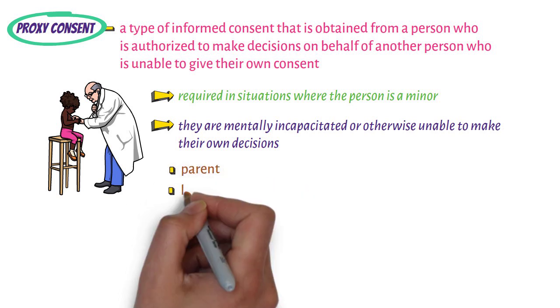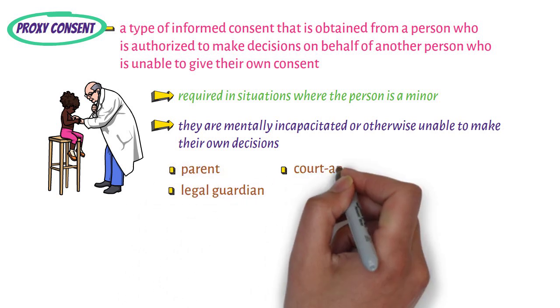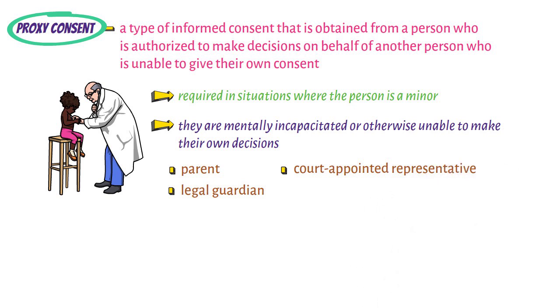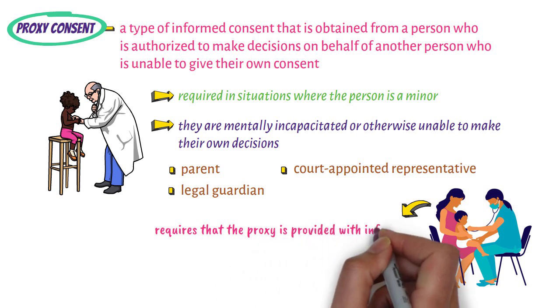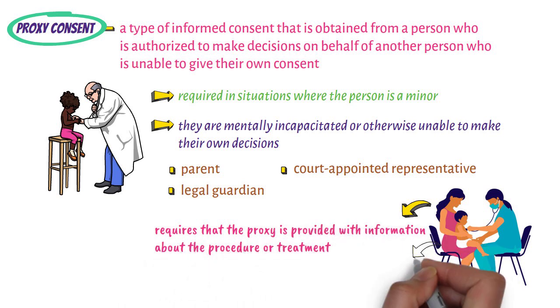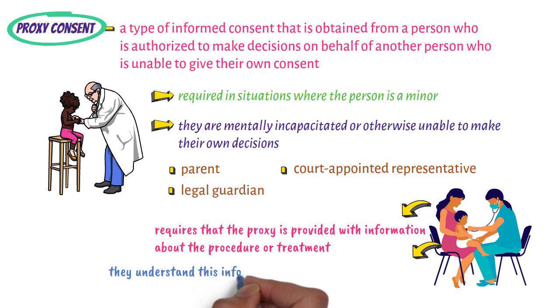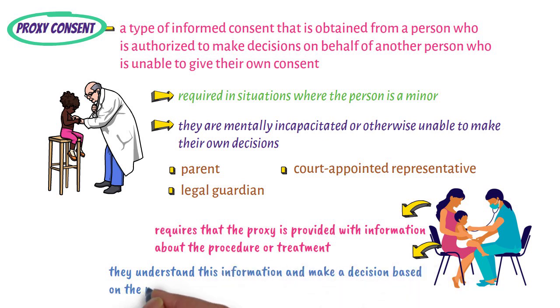The proxy may be a parent, a legal guardian, or a court-appointed representative. Proxy consent requires that the proxy is provided with information about the procedure or treatment, and that they understand this information and make a decision based on the person's best interests.